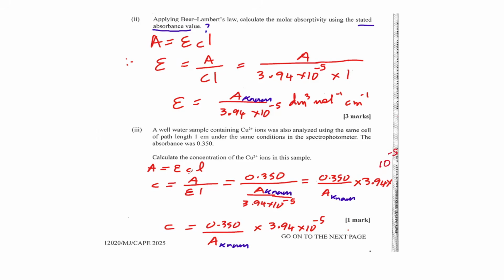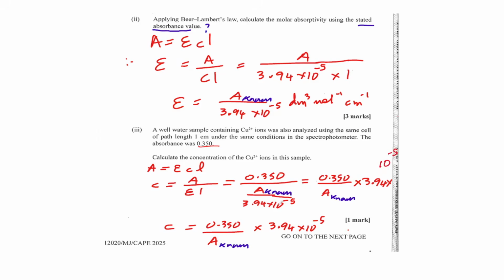So we make concentration the subject of the formula. So conc is equal to absorbance over the molar absorptivity times the path length. And so in this case, we know the absorbance to be 0.350 divided by E. And E is our A that was known, or supposed to be known, divided by the concentration times the path length.